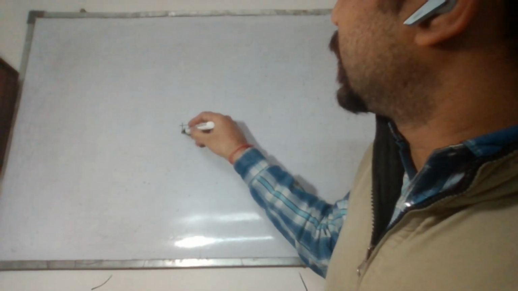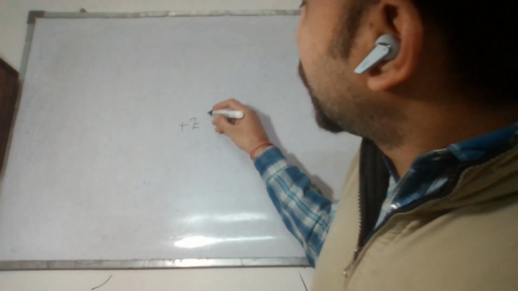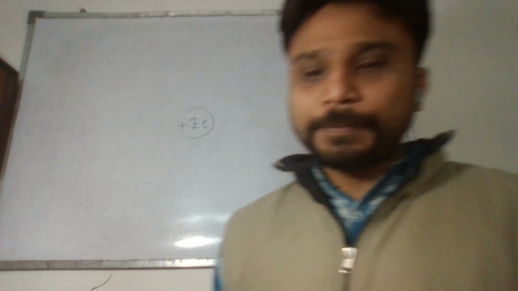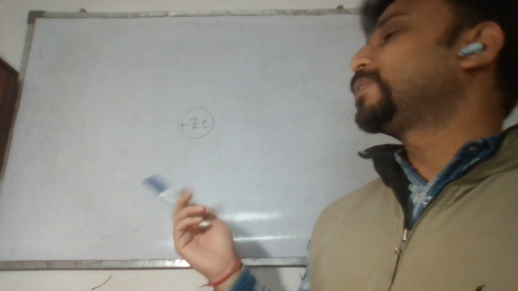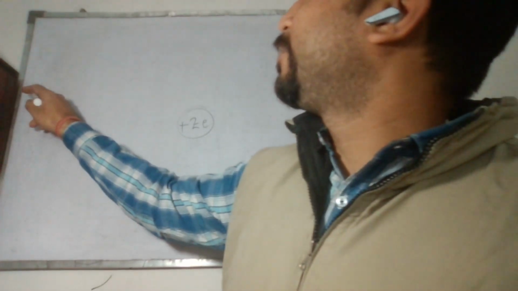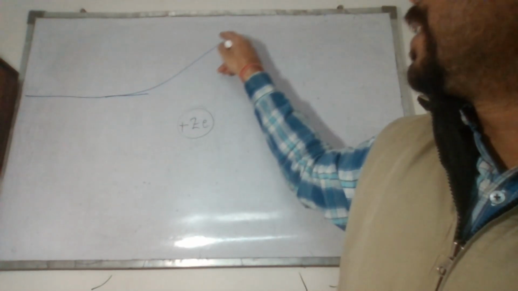like this is the nucleus, let's say, and Z is the atomic number, and E is the electronic charge. So this is the nucleus which we have. We have discussed in the Rutherford model of the atom that electrons revolve around this nucleus. In the alpha particle experiment, alpha particles are projected on this nucleus and they get deflected. Let's say an alpha particle is coming like this, and it gets deflected like this.